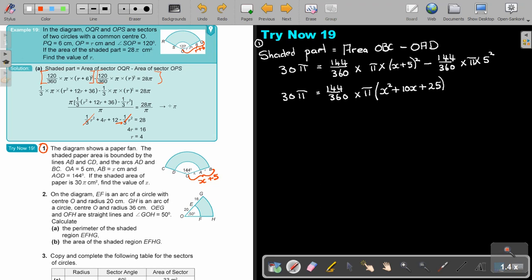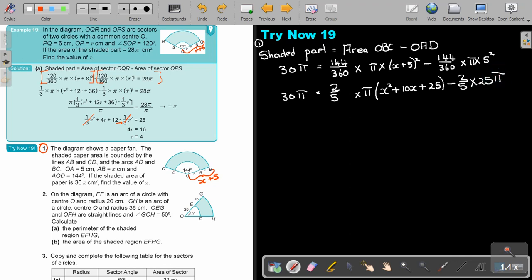There's the pi, minus, and then this one, I can simplify. If I press on my calculator, 144 over 360 is 2 over 5. So let's do it here also. It's not necessary, but it will help. This will now be 25 pi.